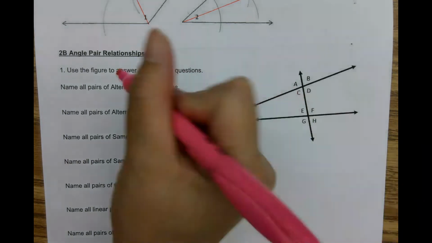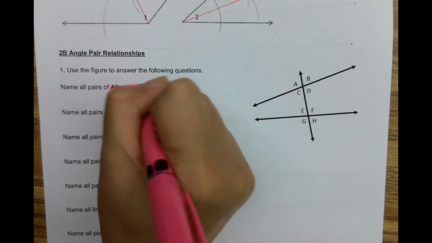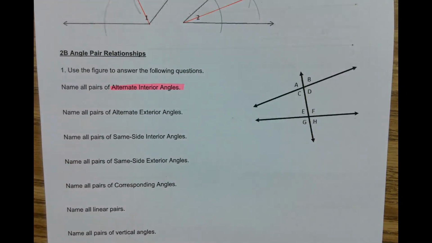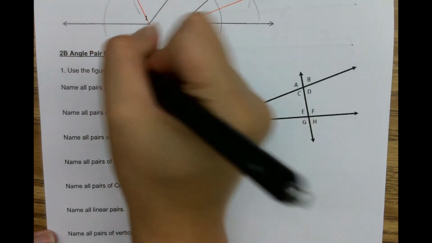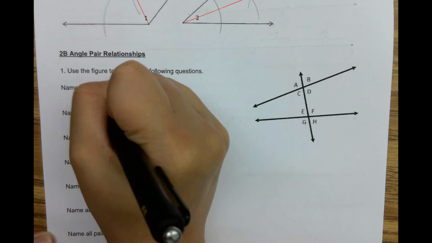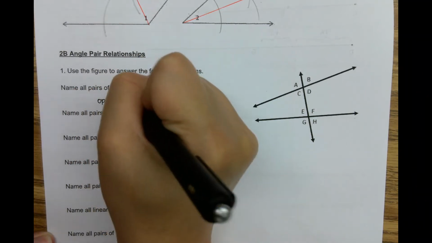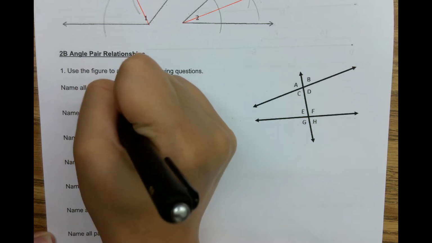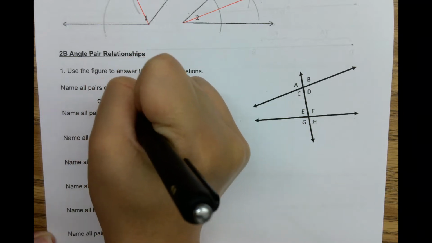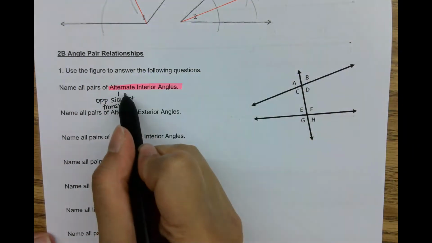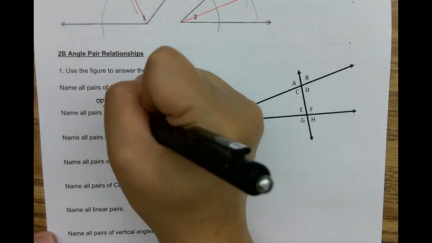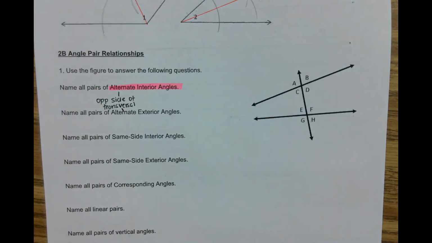Alternate interior angles. Alternate means opposite side of the transversal. So whether it's alternate interior or alternate exterior, it means the opposite side of the transversal.